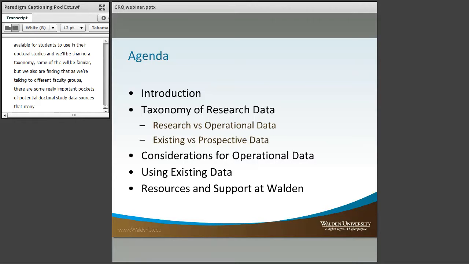So we think it's a good idea to keep bringing this message to faculty members so that they can bring it to their students, and to make sure that students aren't missing opportunities for studies that might be right under their noses in their workplace or in some publicly accessible data set.